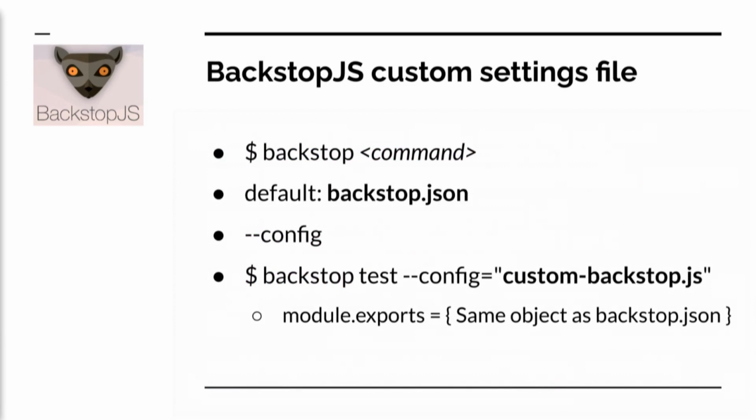By default, Backstop searches for a backstop.json file, but of course you can override it. You can add the --config parameter and provide another file, as long as it exports something that looks like a JSON object. Of course, it has to be valid JSON. This made it possible for us to not just make one long backstop.json file with all our configuration.